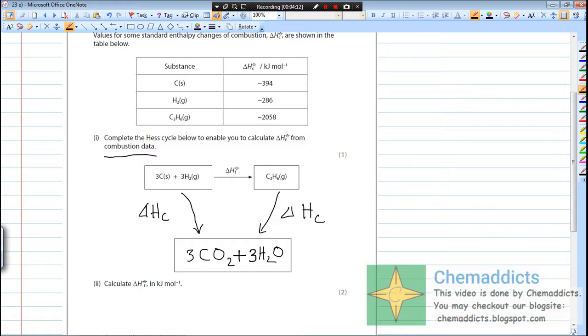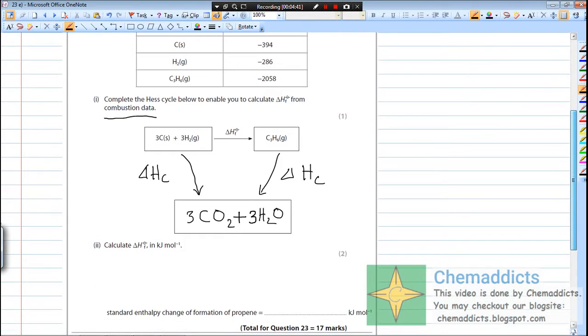Here the only data given is the combustion enthalpy, so we just wrote the combustion equation for each reactant and product. That is how we solve this, and that is how the answer should be.